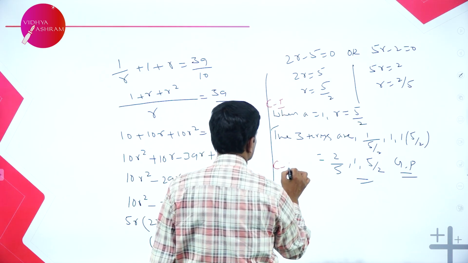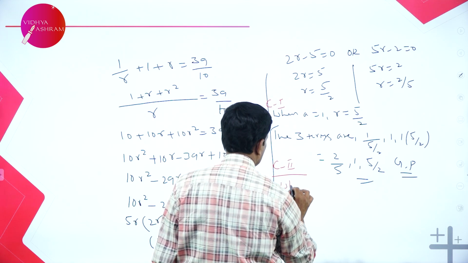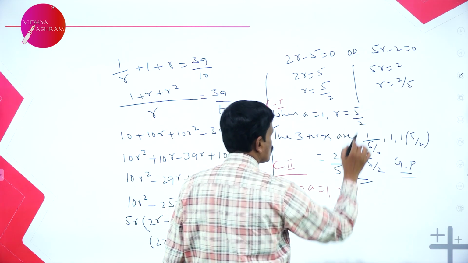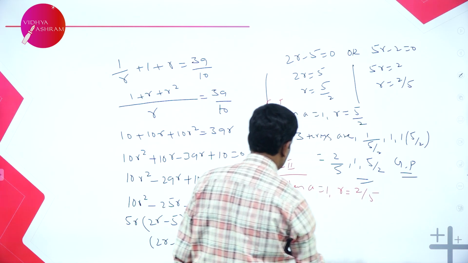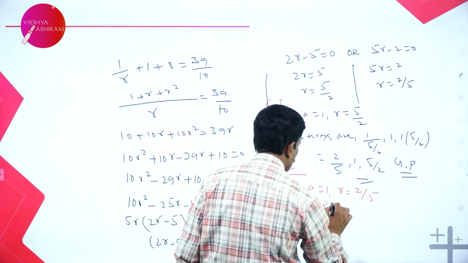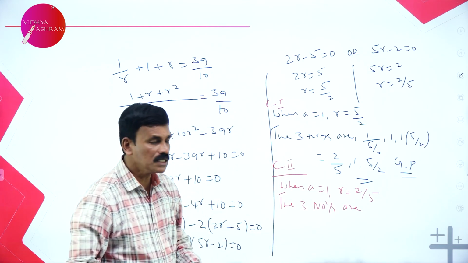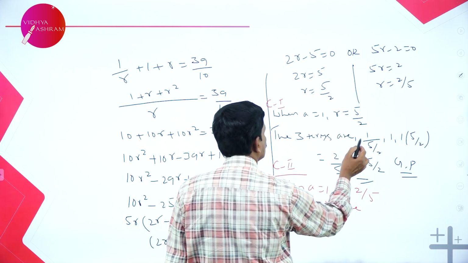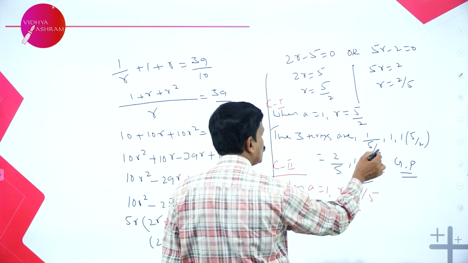In case 2, when a is equal to 1, r is equal to 2 by 5, the three terms are the same: a by r, a and ar.